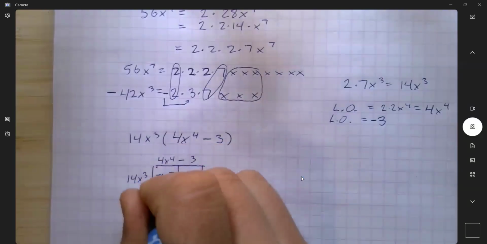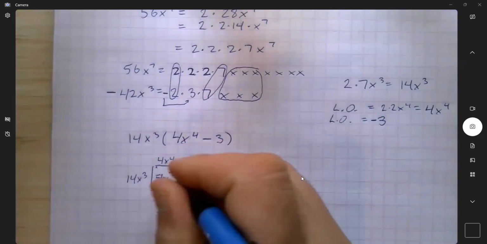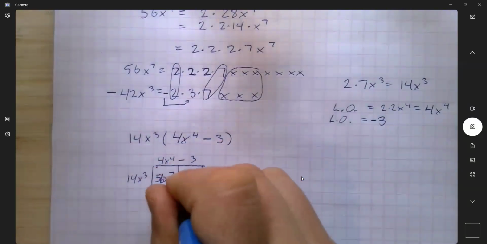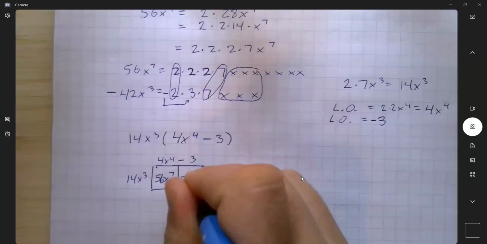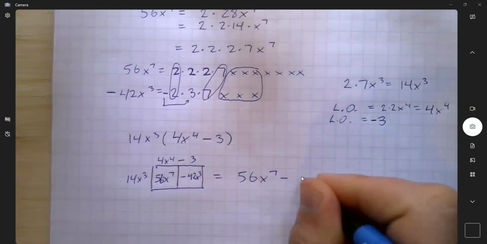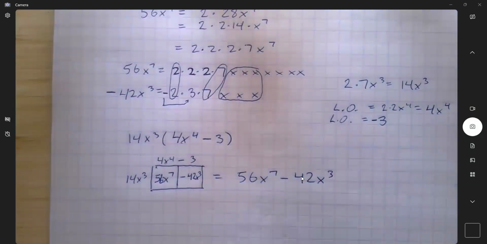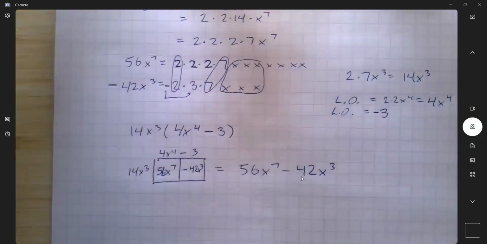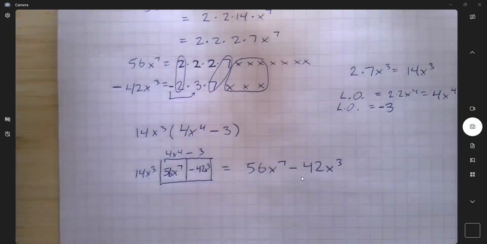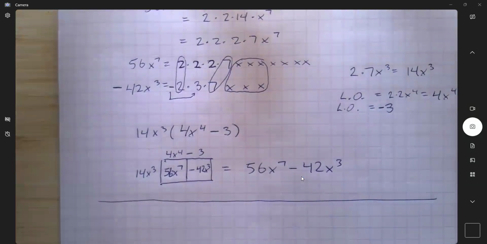So it gets me 56x to the 7th. 3 times 14 is 42, and there's a minus, so it's a minus 42x cubed. And I get 56x to the 7th minus 42x cubed. So that's how you factor out the greatest common factor. You can do it if there are more than 2 terms.